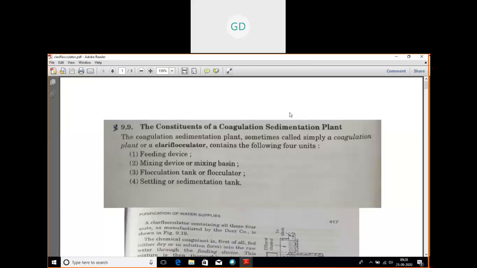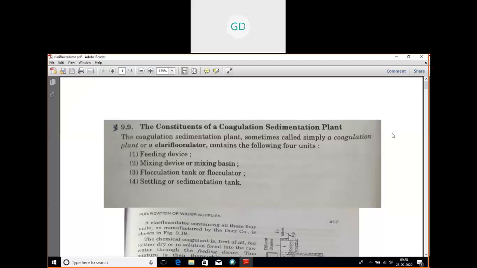We did till construction and details of filter. Yes, Yulson, we have done that one, but in between when we were doing the coagulation part, did we cover this one, constituents of coagulation sedimentation plant, after your coagulation part? I think no, because I have done that one with section B, I guess. Okay.